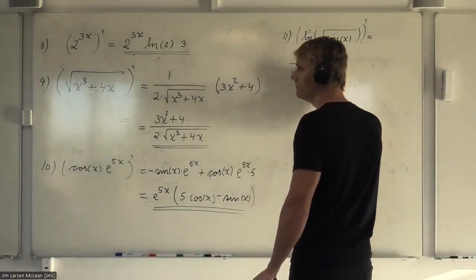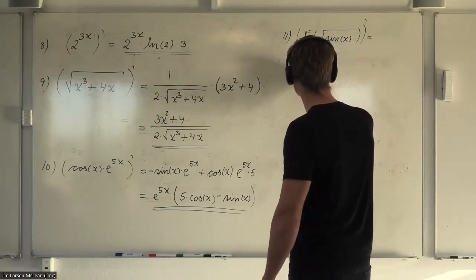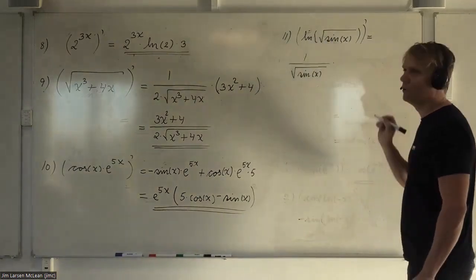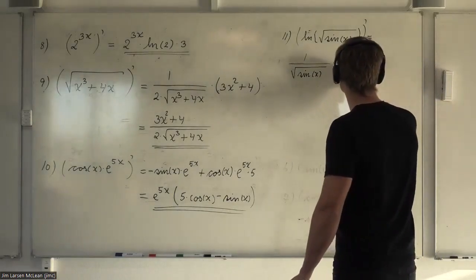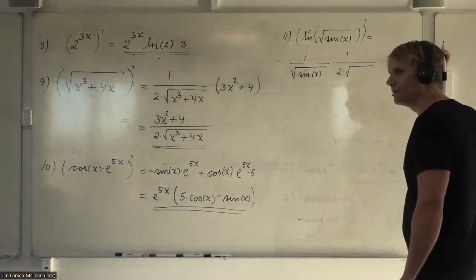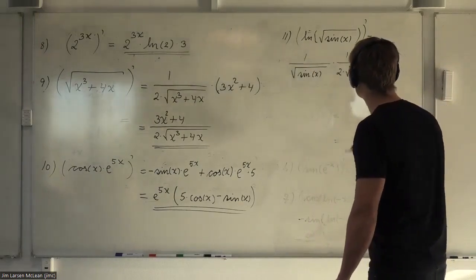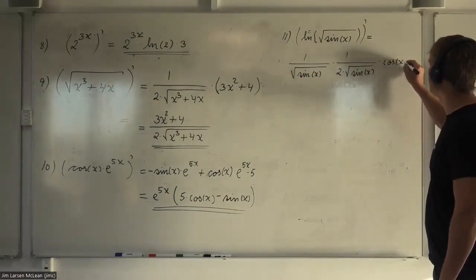So 1 over the square root of sine of x. But then I need to differentiate the square root of something, which gives 1 over 2 times the square root of sine of x. And then the cosine, and then I'm done.